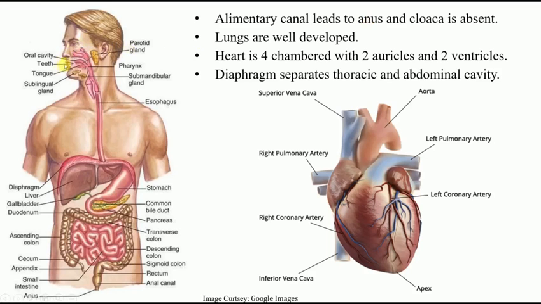The digestive system starts with the mouth. It leads into the long alimentary canal, particularly among herbivorous organisms. In carnivorous organisms, the length of the alimentary canal is generally short, and this alimentary canal ends in the anus. This is again a characteristic feature. Then the lungs are well developed, as almost all mammals are terrestrial and air breathing.